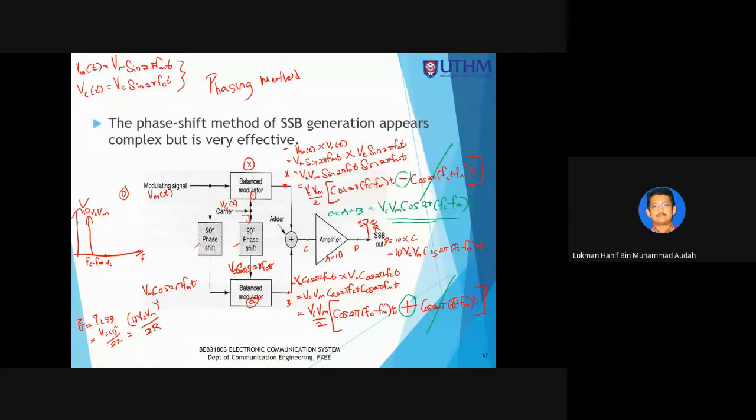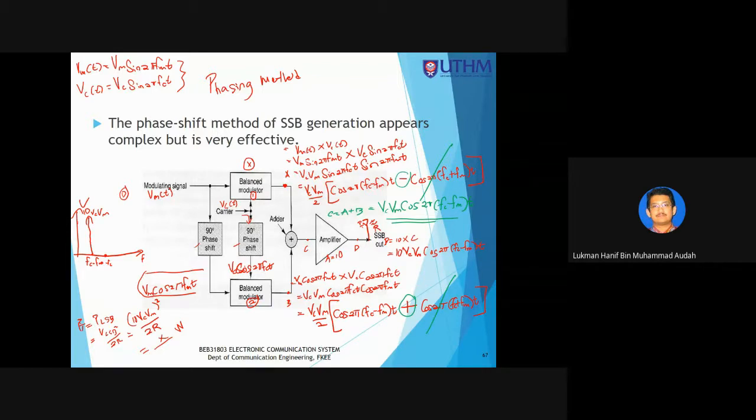Okay. Dalam example saya ini 10 Vc Vm kuasa 2 dibahagikan dengan 2R. So dapatlah satu value, katalah X dalam unit watt. Jangan confuse. Okay. So dapatlah satu value dengan unit watt.